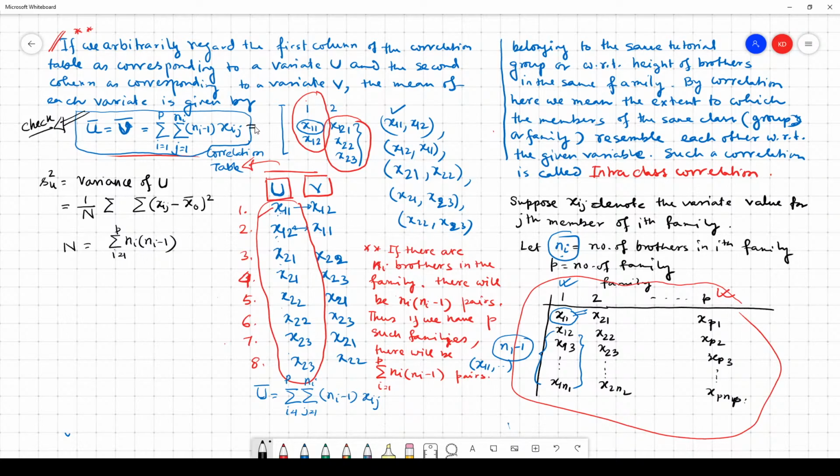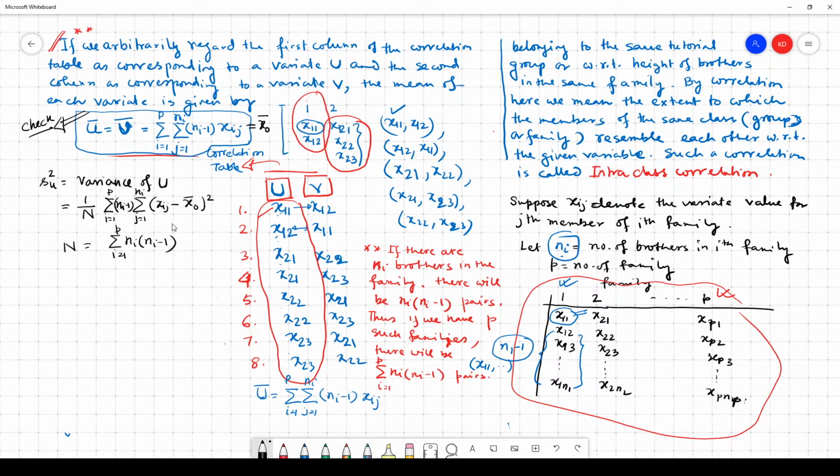I denote U bar equal to V bar by x naught bar, and j from 1 to ni. This sum appears ni minus 1 times. Since there are p families, SU square is equal to 1 by n sum over i from 1 to p of ni minus 1 times sum over j from 1 to ni of xij minus x naught bar whole square.